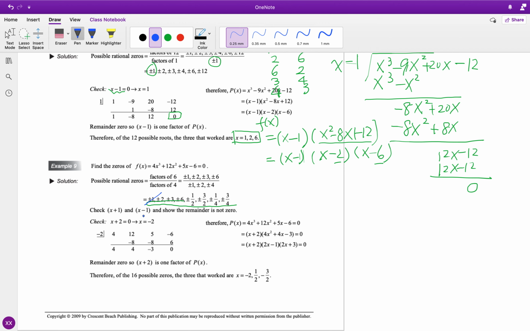So negative 2 is good. So then therefore, we can get out of this negative 2, so it becomes divided by x plus 2. And then now we have this quadratic function here. And then you just use your factoring, and then you get this 2, and then you figure out the roots.